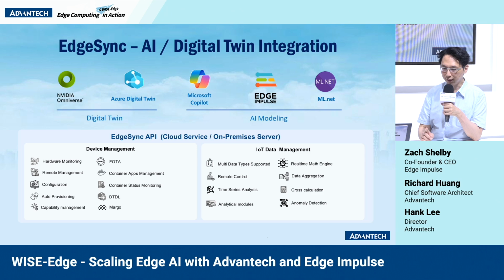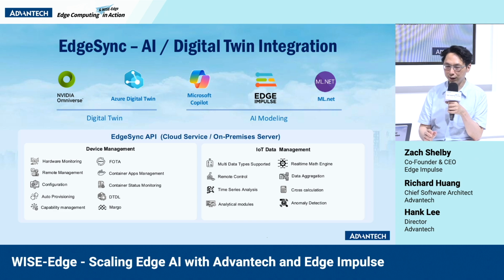The first, I can explain the Gen AI first. We can use this slide. In WISE-Edge, we are not just linking our kernel to Edge Impulse, this kind of model.